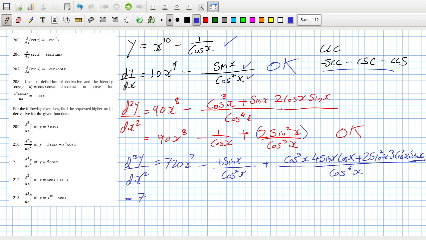So that would be 720 x power 7 minus sine over cos is tan x, and then 1 over cos is sec x. And then here you have a cos, that's a cos 4. So hang on, it's going to be plus 4 sine x.